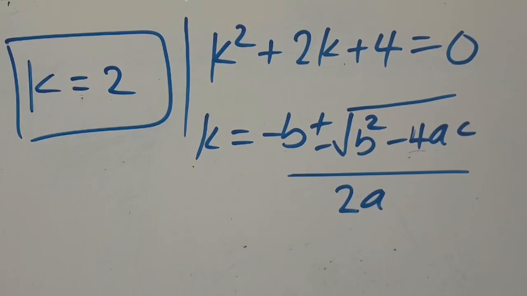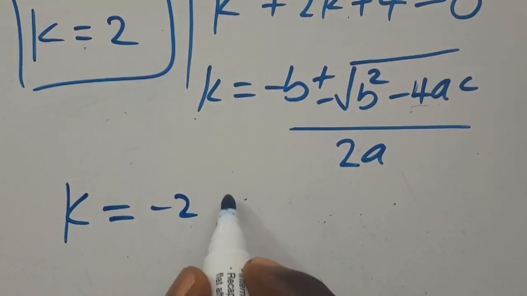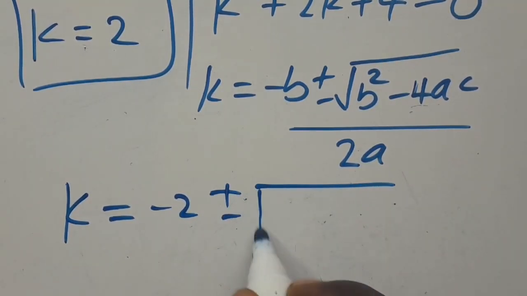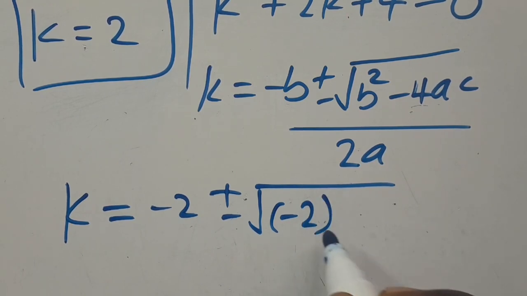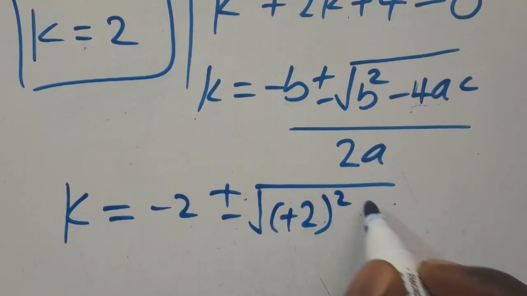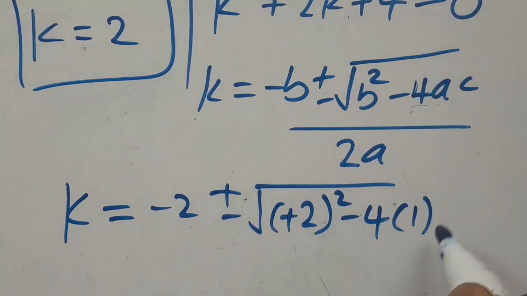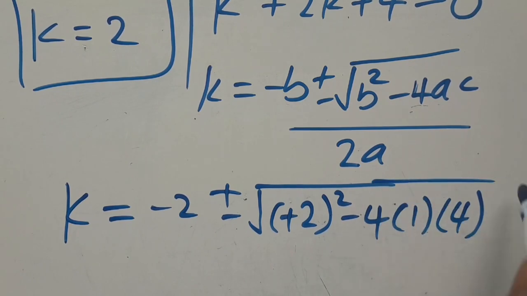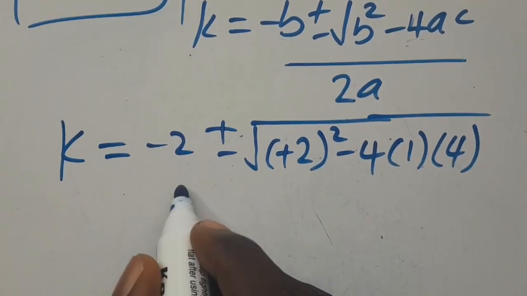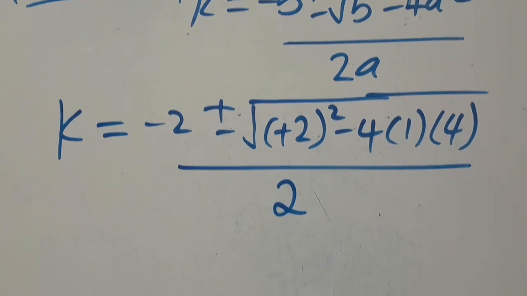So from here, we are going to have our k to be equals, our b equals 2, so here will be minus 2, then positive or negative root of plus 2, all in bracket to the power of 2, minus 4 multiplied by a is 1, our c is 4. Then all divided by 2.